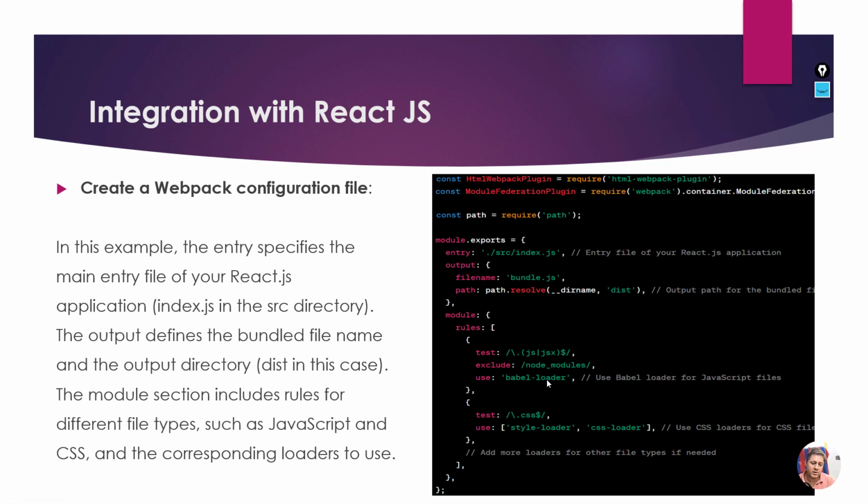Why do we need Babel loader? I already told you, because JSX and new features are not understood by your browser. So you need something to compile that, polyfill that, so that older browsers and new browsers can understand. That's why we need the Babel loader, and we are using it in our Webpack configuration.